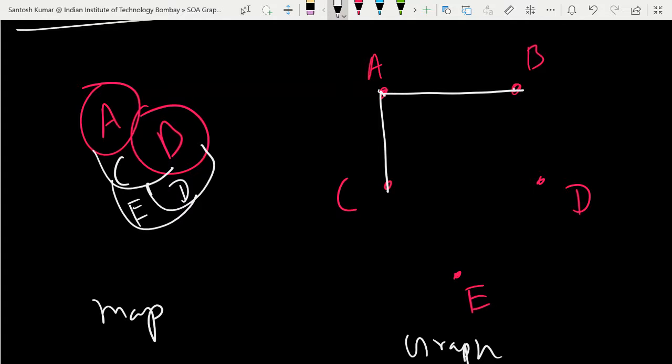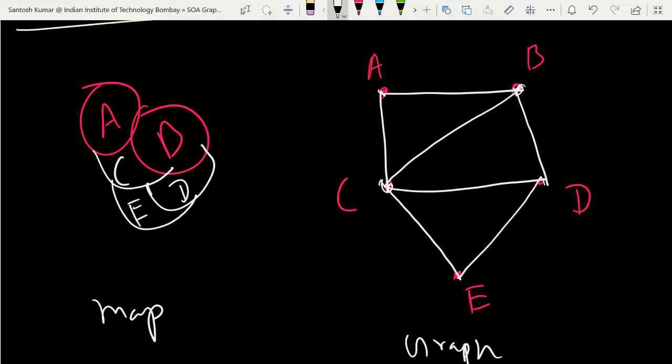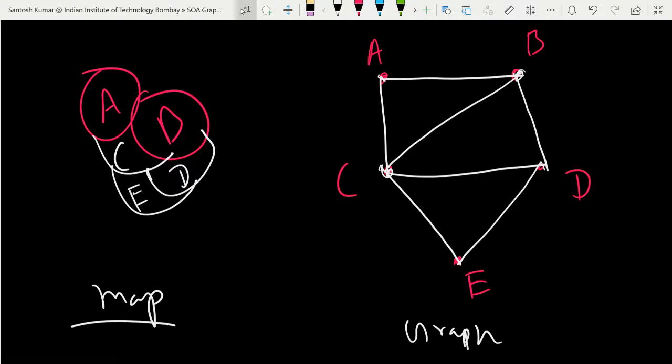Okay, BA has a common boundary, BC has a common boundary. Then C has a common boundary with D as well as E. B and D, sir? Okay, yeah, now B has with D, not with E. And D has a boundary with E. Okay, so this is the graph corresponding to this map. So in this way we can do that.